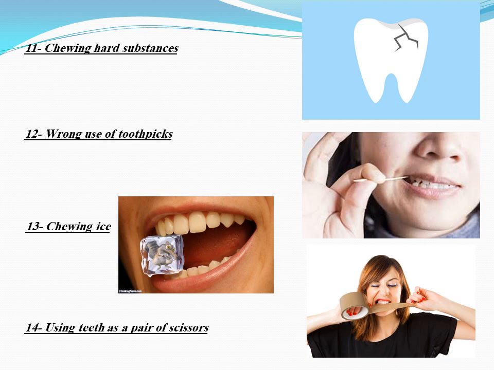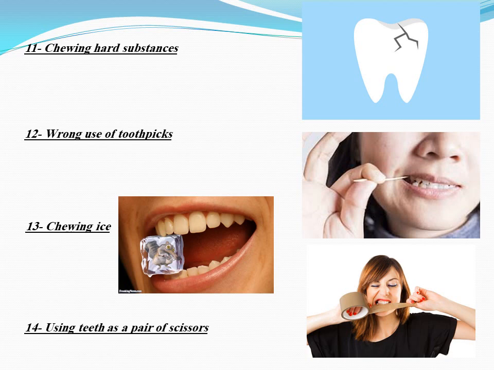Wrong use of toothpicks. If you use a toothpick the wrong way, then you will go on to cause a lot of damage to your gum, and it can even result in chipping and breaking of teeth.